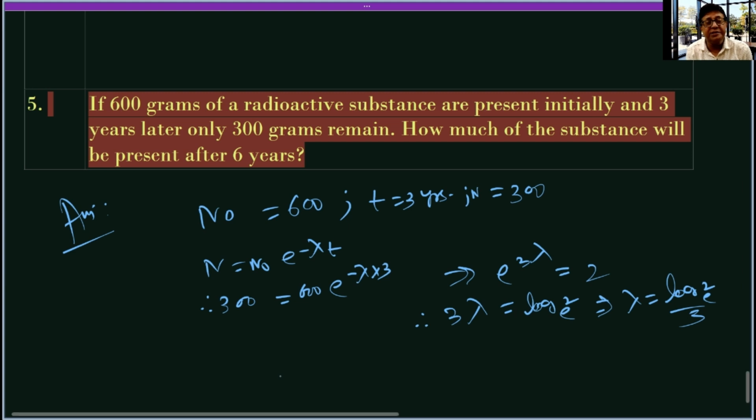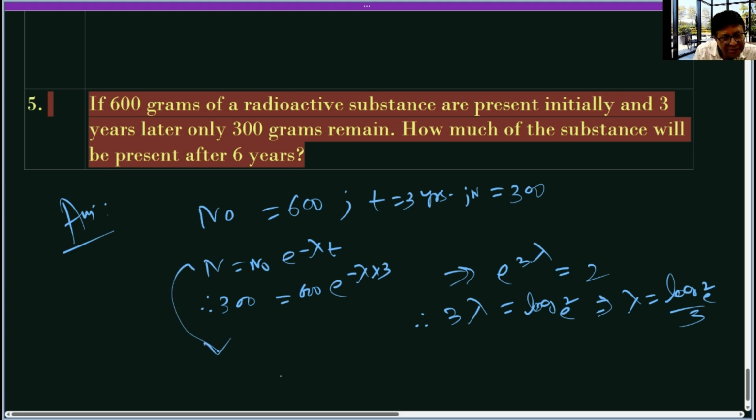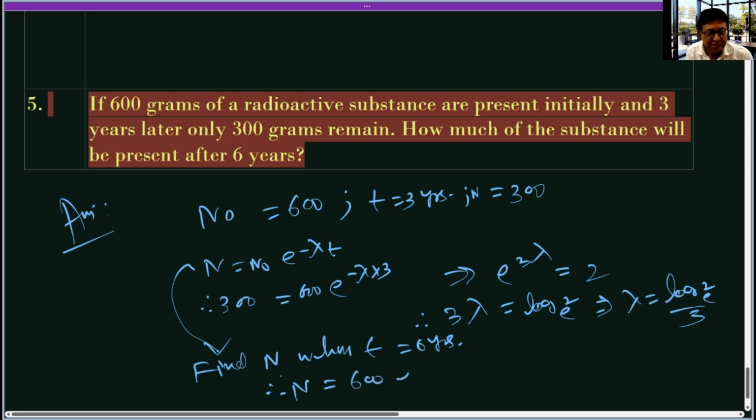Let's see what happens after 6 years. Same relation will be used, finding N when t equal to 6 years. So put it there. N equal to N0, where N0 is the initial amount, e to the power minus lambda, where lambda is log 2 by 3, into 6.